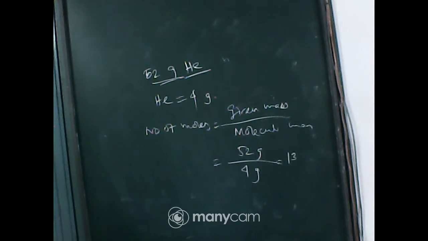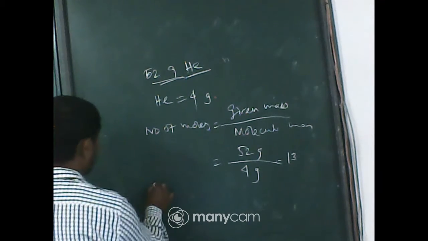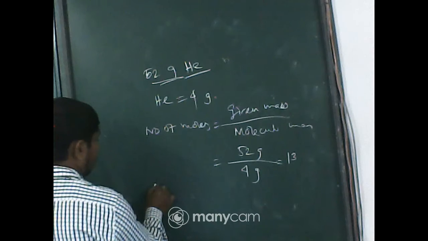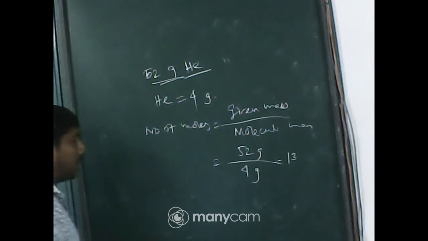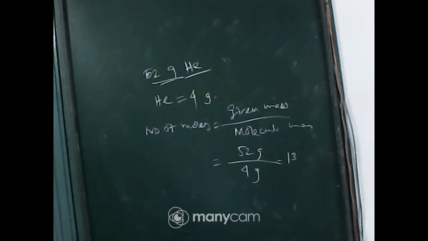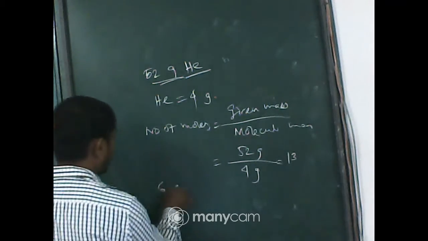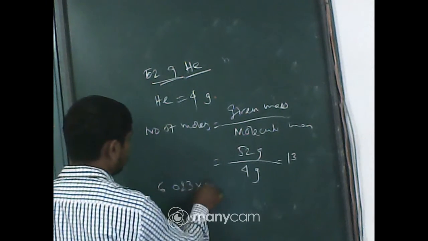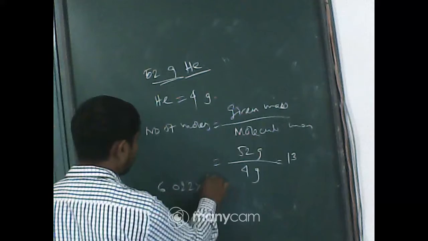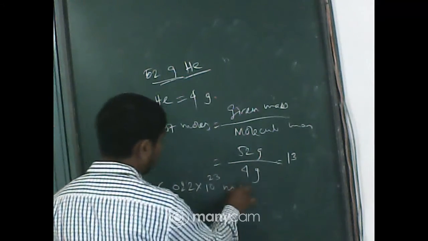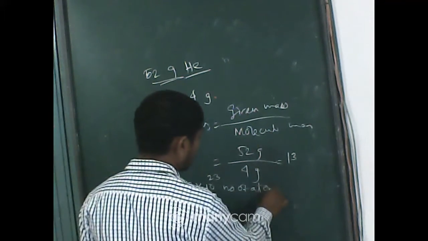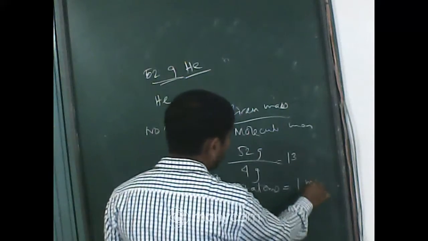In the next question, that is 12.044 × 10^23 helium atoms, again, how many moles? 6.022 × 10^23 atoms equal 1 mole.